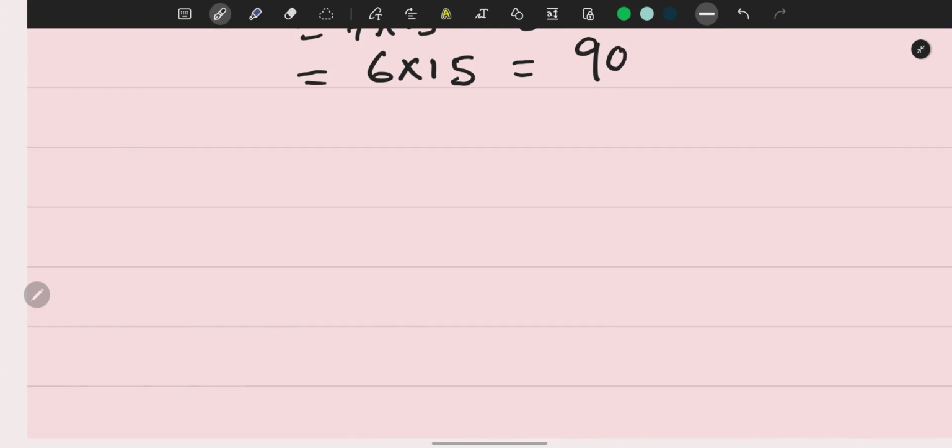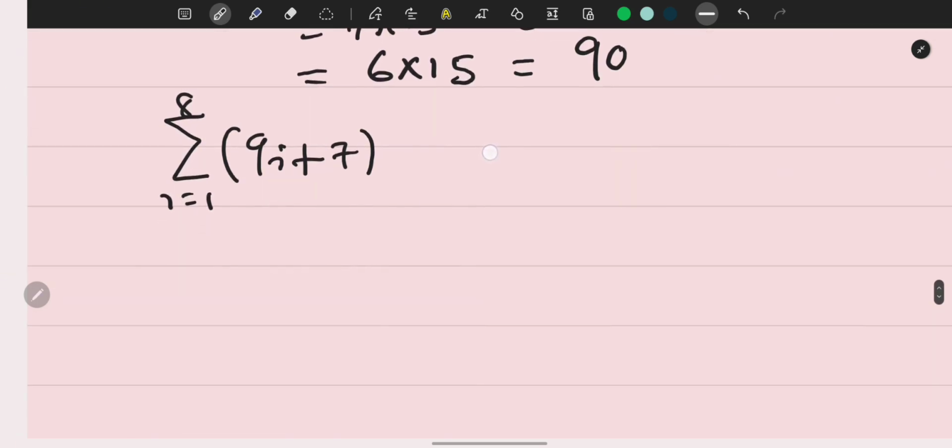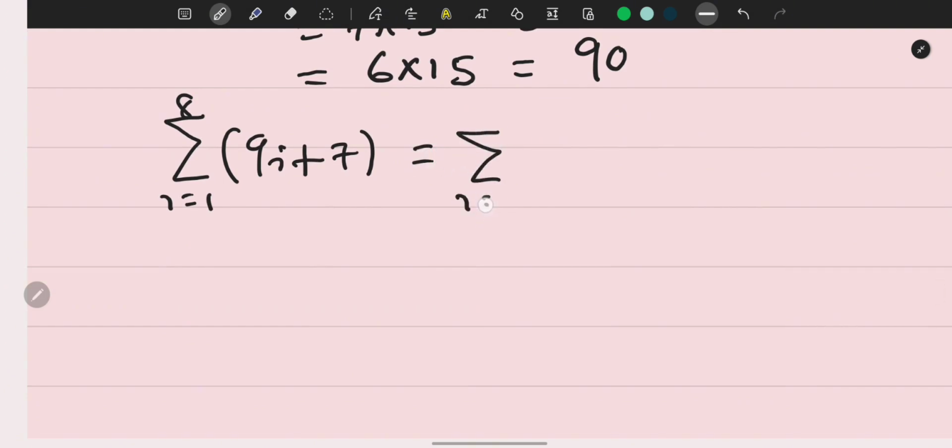Okay, so the next example I'm going to consider here is this. i equals 1 to 8, then 9i plus 7. So we use the same process we used in solving the last question for this as well. So the first thing is to rewrite this in terms of i from 1 to 8, 9i plus summation i equals 1 to n, then 7.